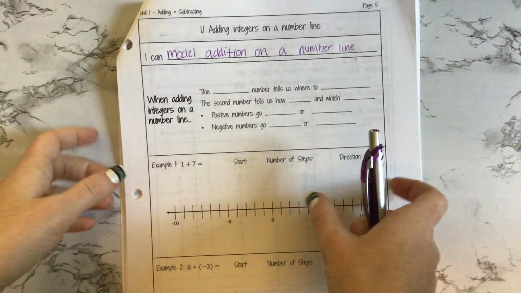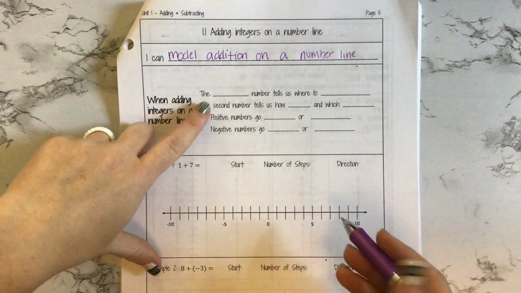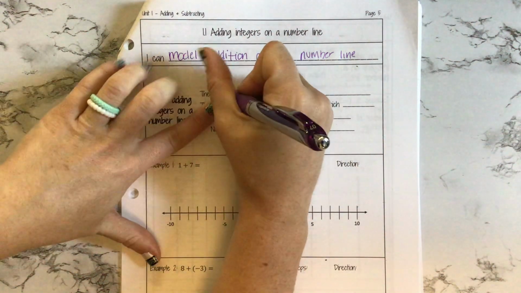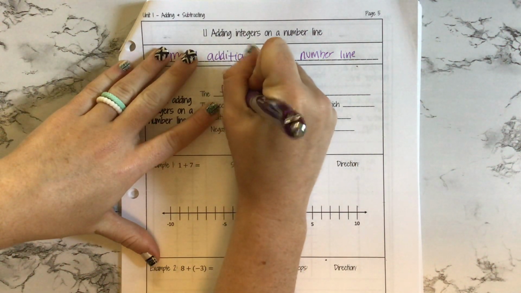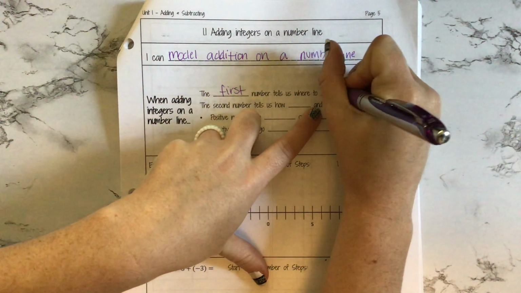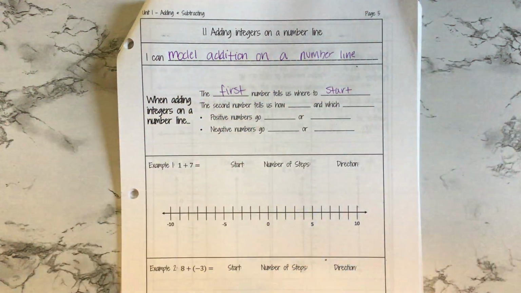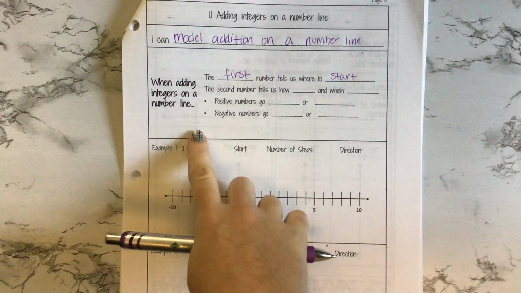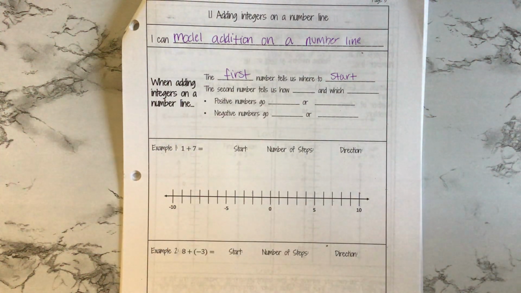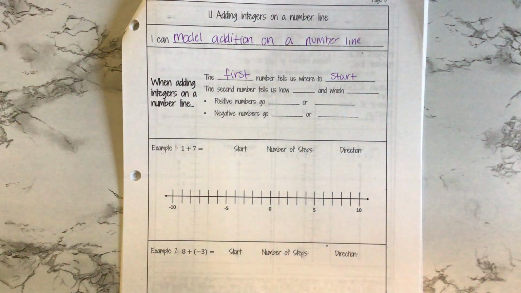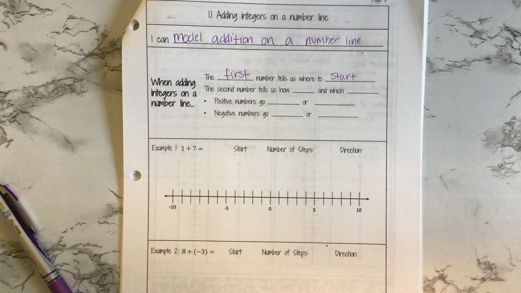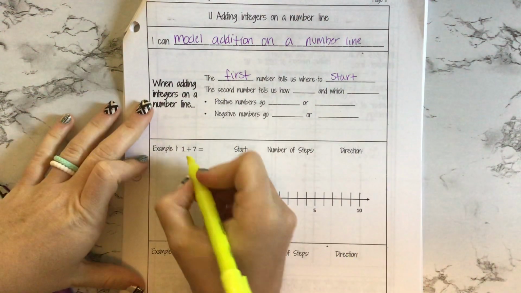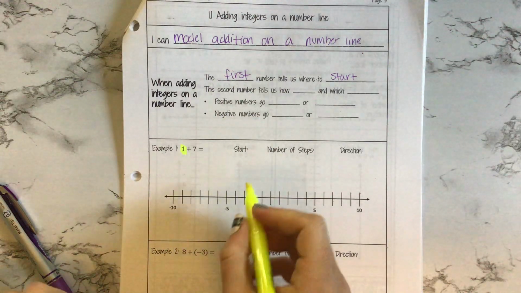So when you're adding integers on a number line, the first number in the problem tells us where to start on the number line. So in the example 1 + 7, I know you know what that is. The point of this one is to practice what we know. The first number is 1.